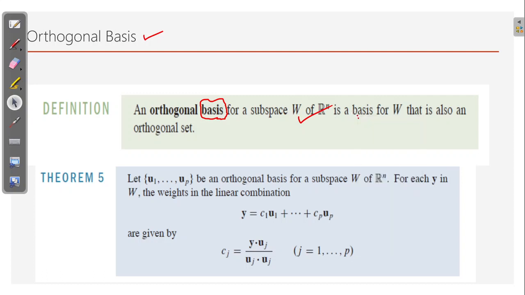The definition of a basis also holds good for the orthogonal basis. It is a basis for W, and it is also an orthogonal set.